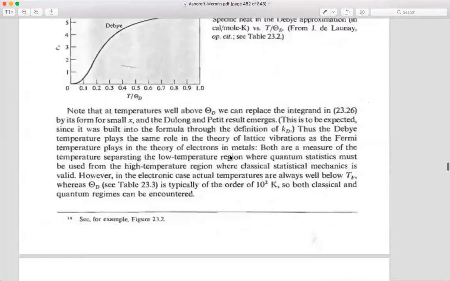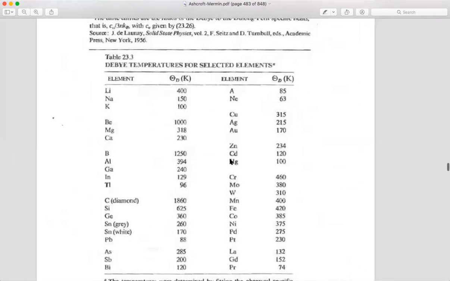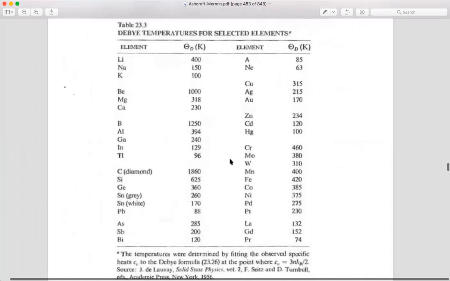Now when you go to elemental solids, let us look at some elemental solids here. These are typically, particularly for metals, much lower. And also, as you see, as you go down the group, so for example, when I take group 1 elements, lithium, sodium, potassium, the Debye temperature decreases. That's because these are heavier atoms, so the bonding becomes weaker, so the phonon frequencies become smaller. And the atoms also become heavier.